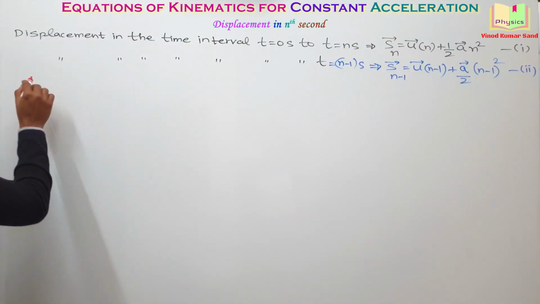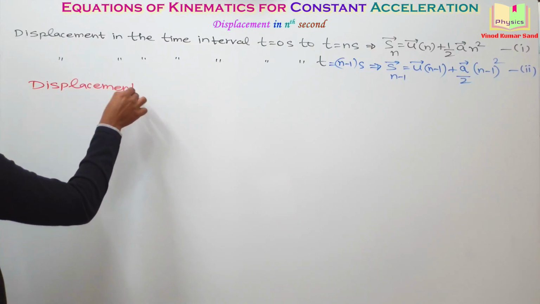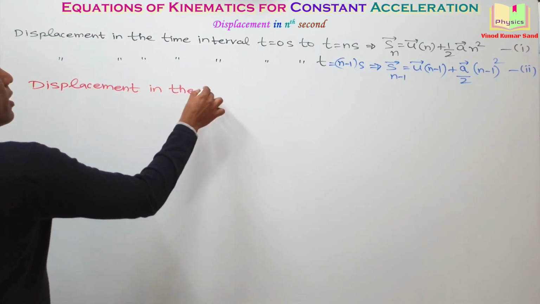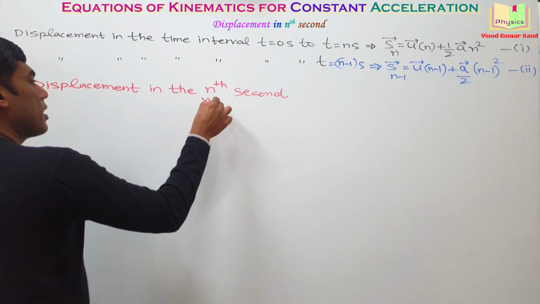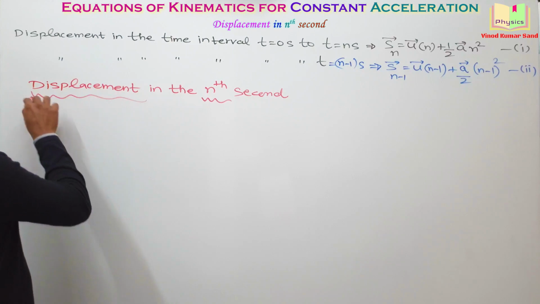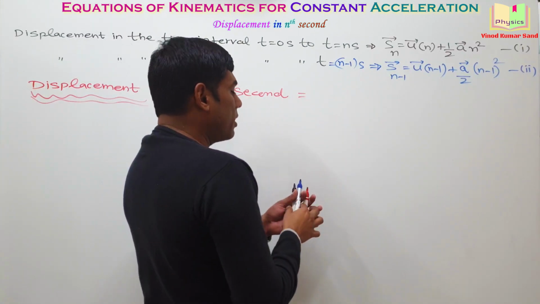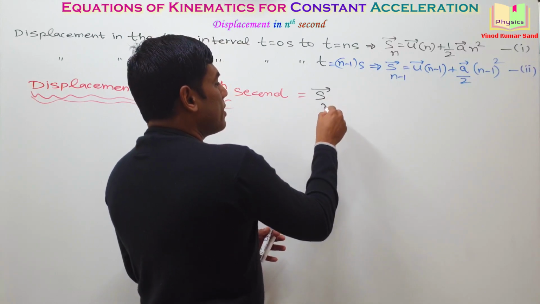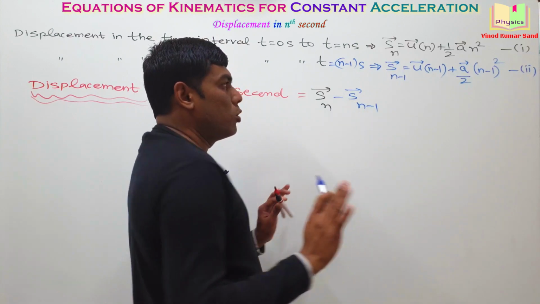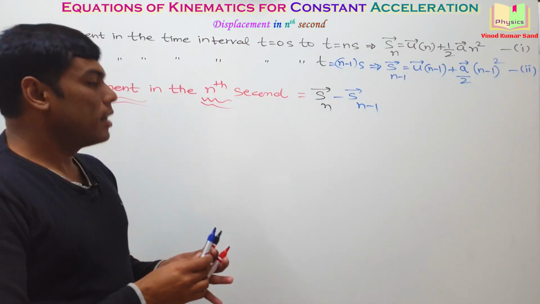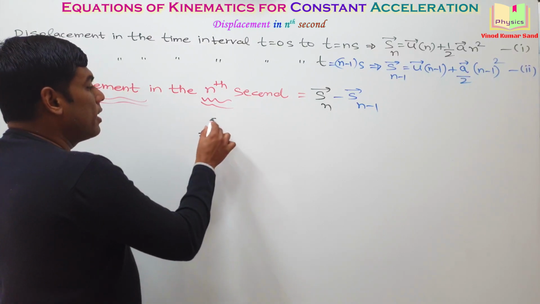Our target is the displacement in the nth second. These two things are important, the displacement as well as the nth second. So we can obtain it using this computation, Sn minus Sn minus 1. Do you agree? Okay, let's do the calculation here for the displacement in the nth second.